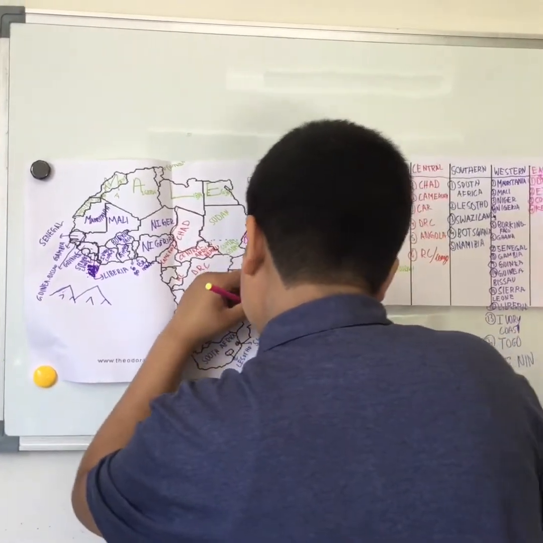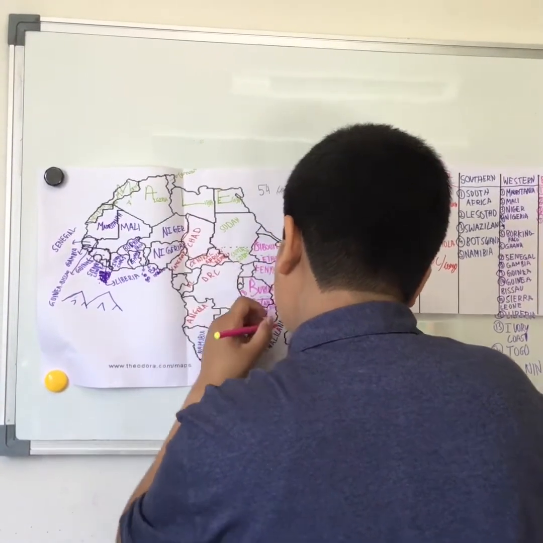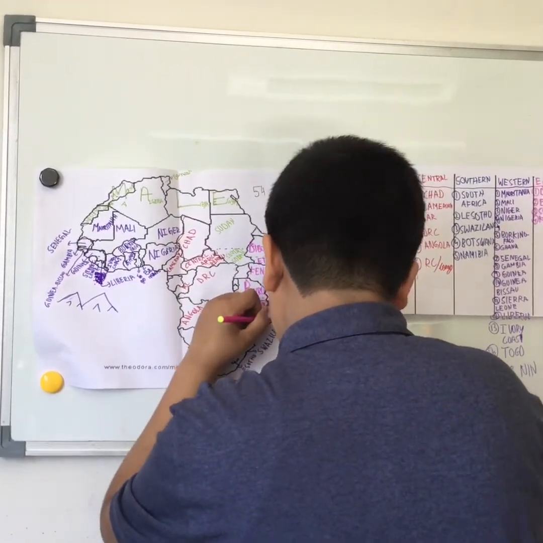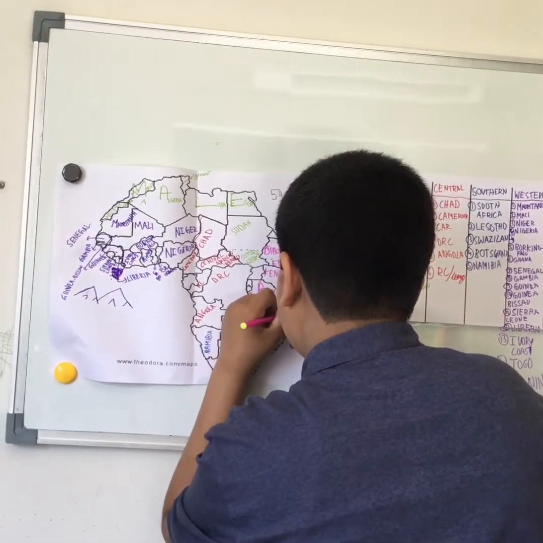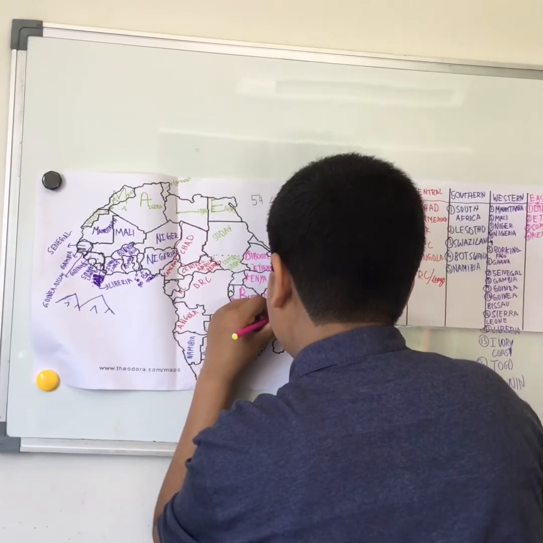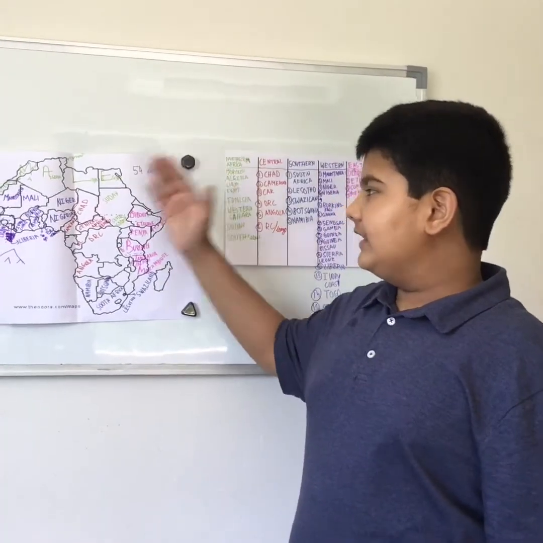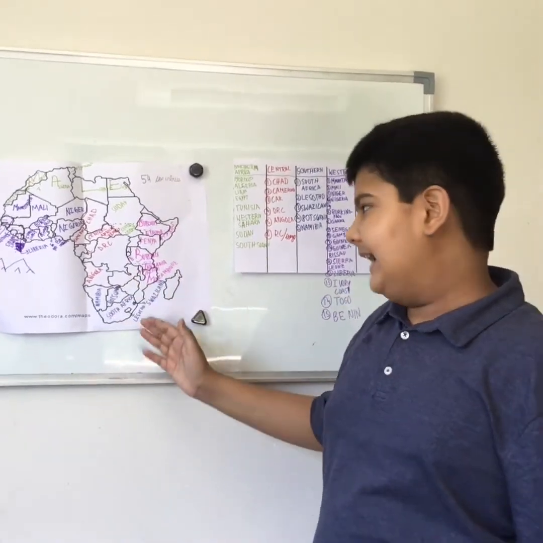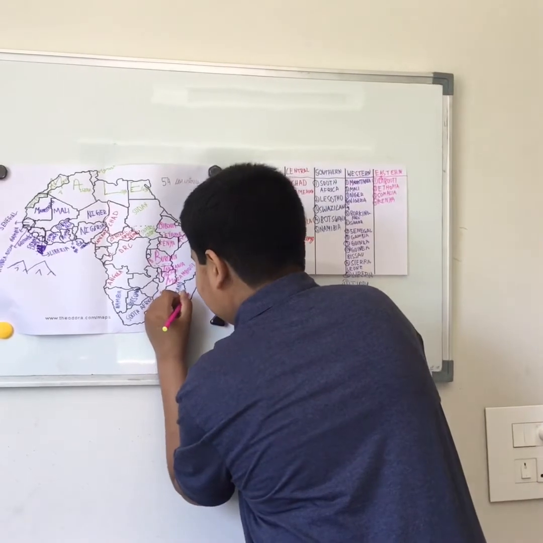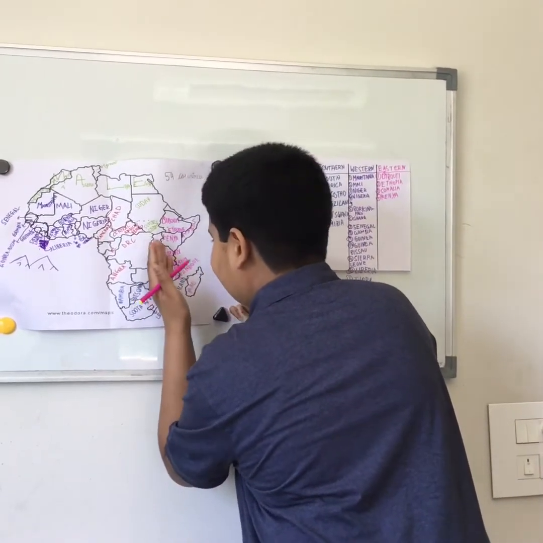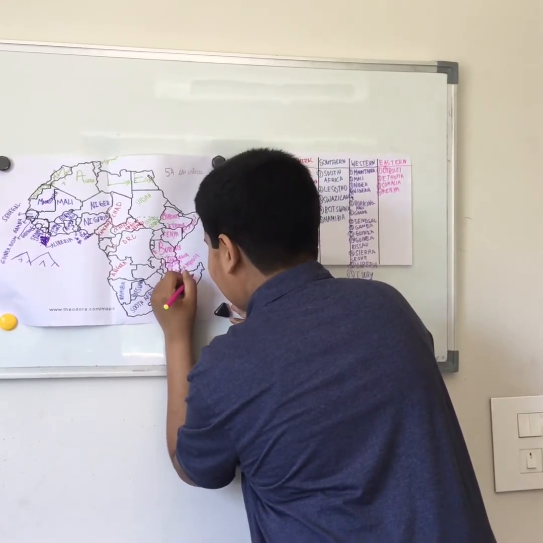Third, most, is Malawi. The fourth is Mozambique. Almost all the countries of Africa are in the mainland except this country, which is Madagascar. And these 4 countries are saying that they are better than the most mainland.